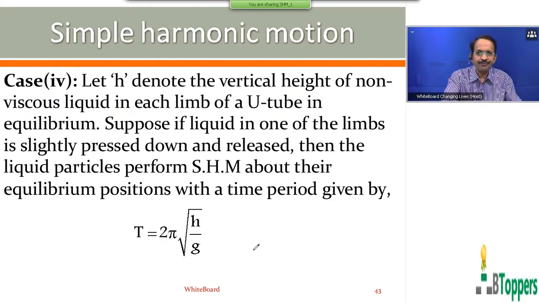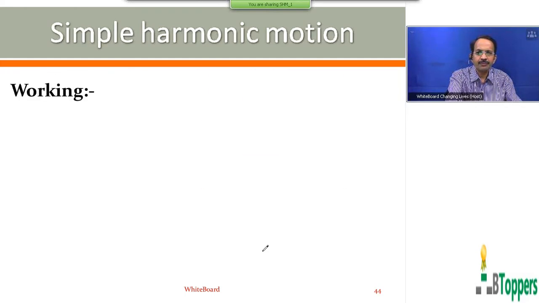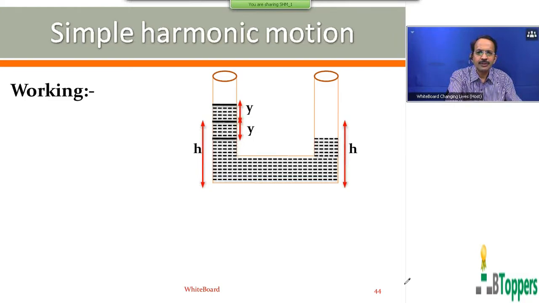Next, I will be showing you the working for the conclusion, which I have explained. Here, h is the vertical height of the liquid in each limb of the U-tube in equilibrium position.